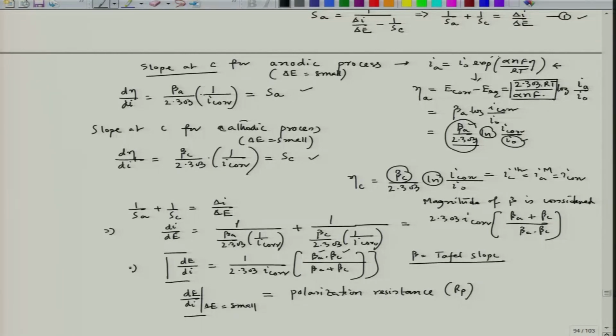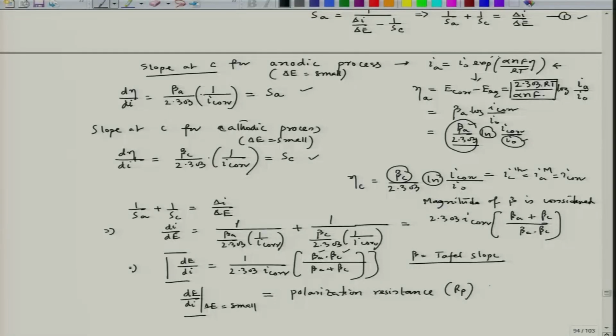That means, the higher the polarization resistance, higher would be the corrosion resistance, because the more the polarization resistance, lower would be the possibility of ion formation and higher would be the corrosion resistance. So, that is what R_p gives as relative behavior.